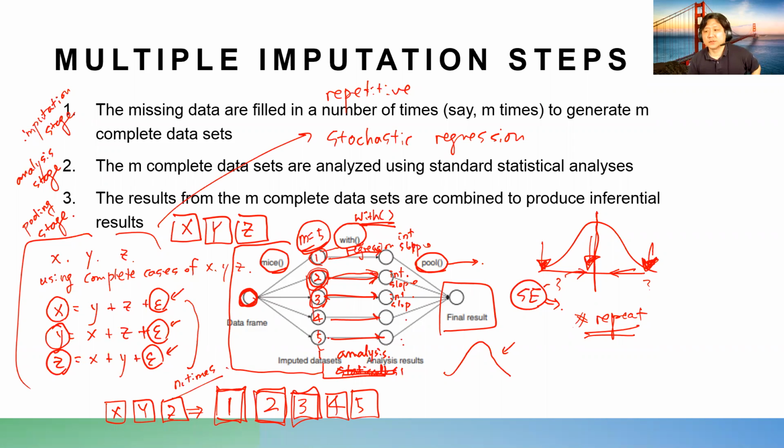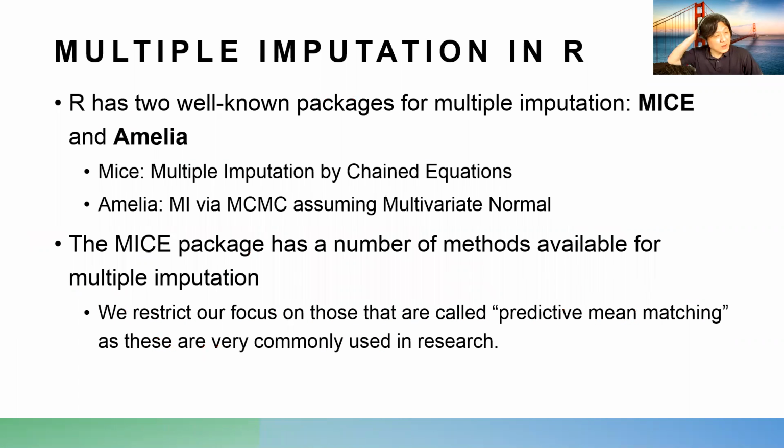Any other questions? You're good? Okay, R has 2 well-known packages for multiple imputation. The first one is the mice package, which is multiple imputation by chained equations.